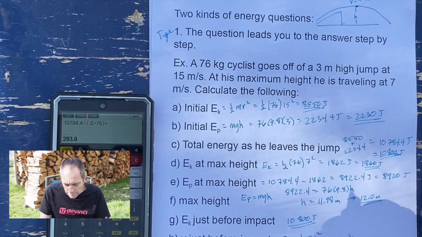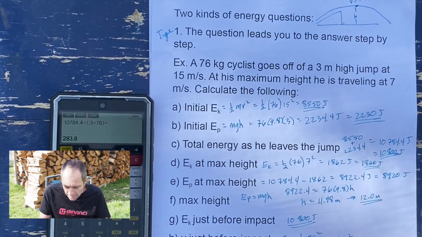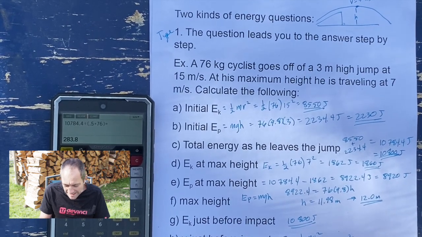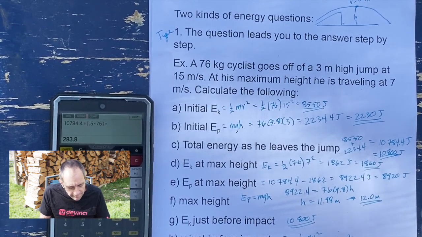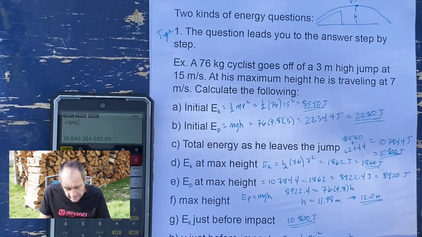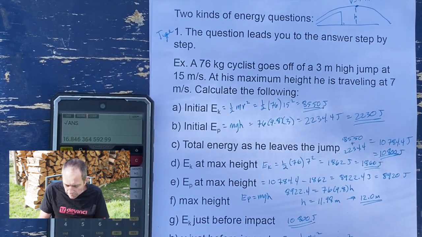We get v squared is 283.8, and we'll take the root of it to find v, and 16.8 meters per second.